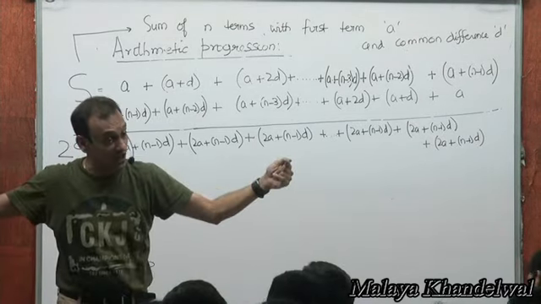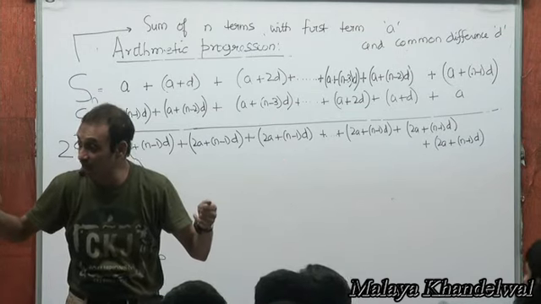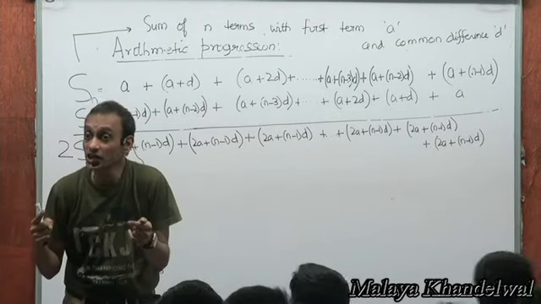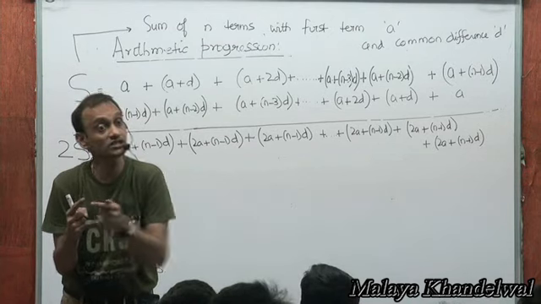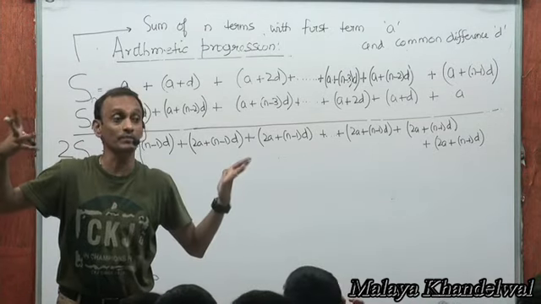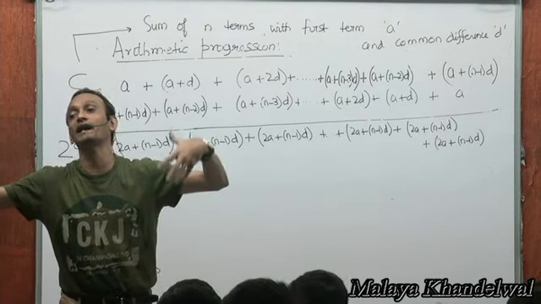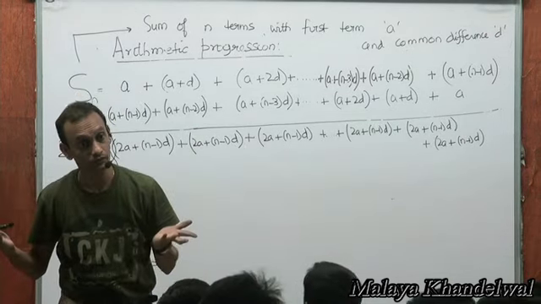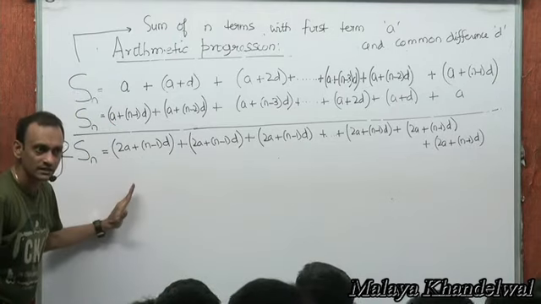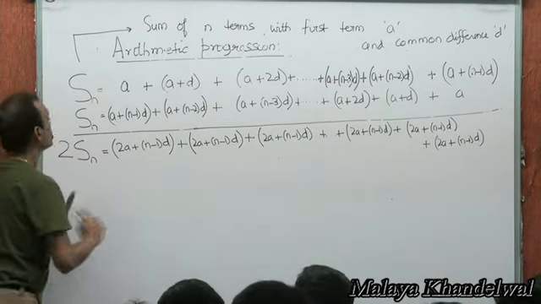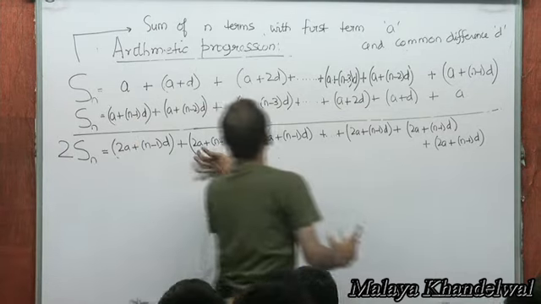You add the first and the last term, or second and the second last term, third and the third last term, fourth and the fourth last term, their sum will be the same. So in an arithmetic progression, the sum of terms equidistant from the beginning and end is a constant, which is what you can witness right from here, right? Now, how many such groups are there?